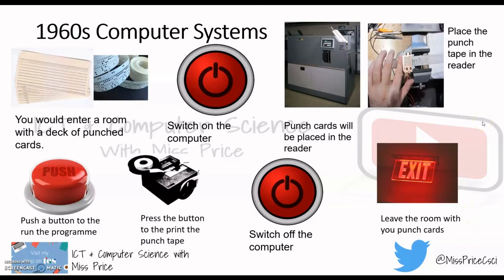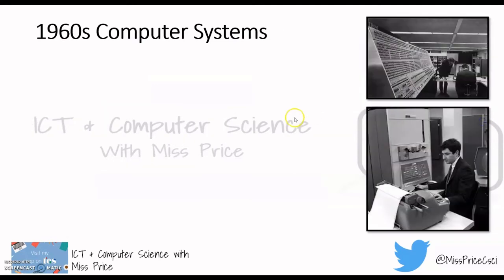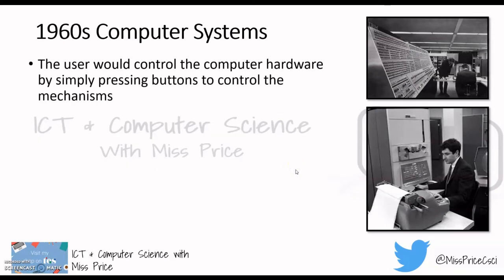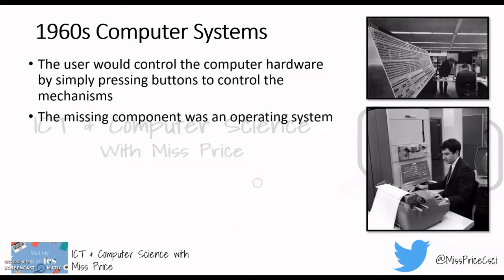Think about what a computer does now and what you use a computer for. The 1960s computer systems, as I said, were very different. The user would control the computer's hardware simply by pressing a button to control the mechanisms. As I said earlier, the computers back in the 60s were very mechanical.